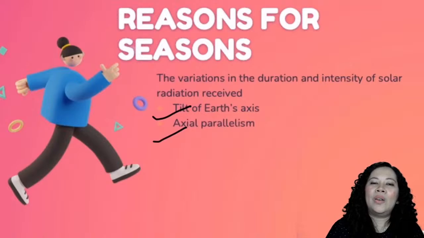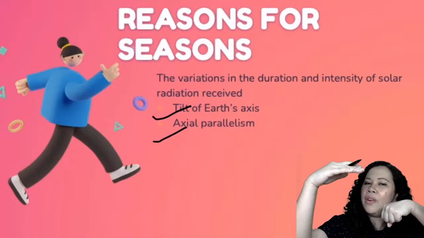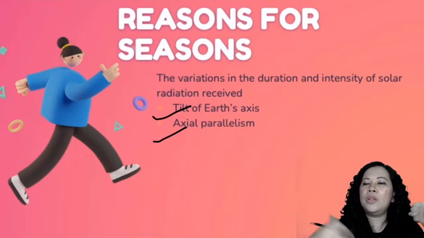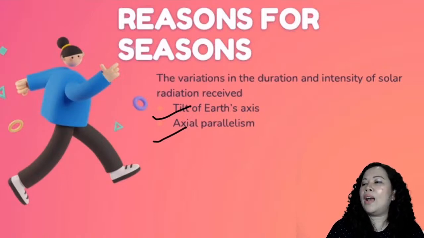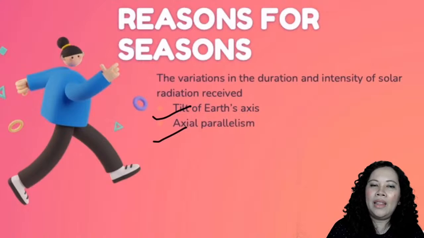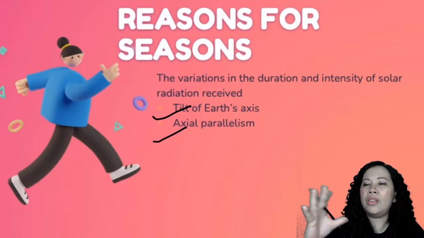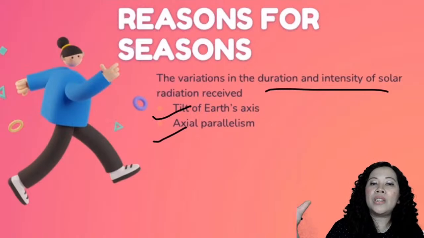Those on top will get less sun ray, those in the middle will get more sun ray, and those below will get less sun ray. That is the reason why we have seasonality. The primary thing is the variation in the duration and intensity of the solar radiation that we receive.